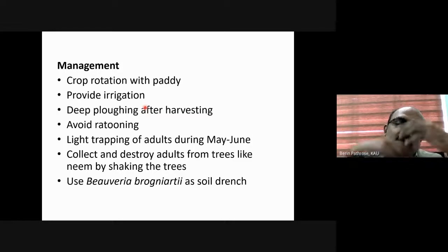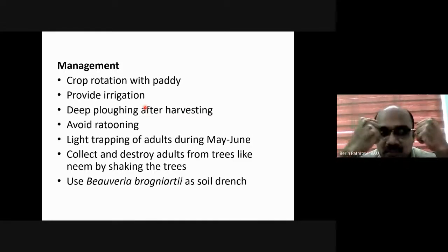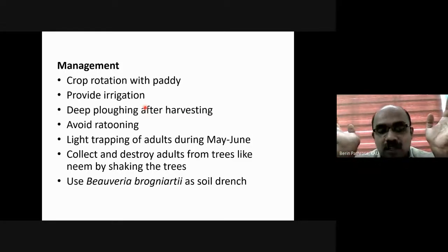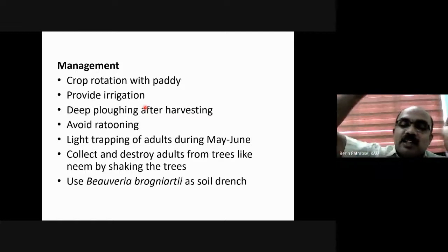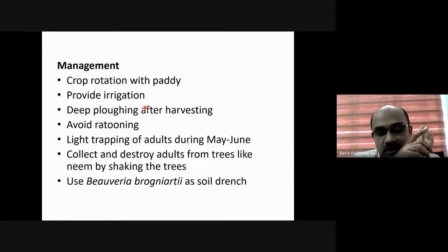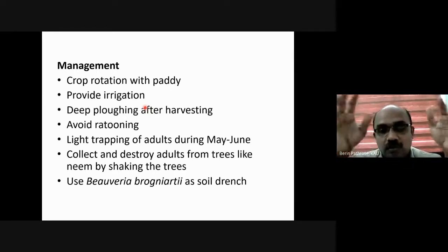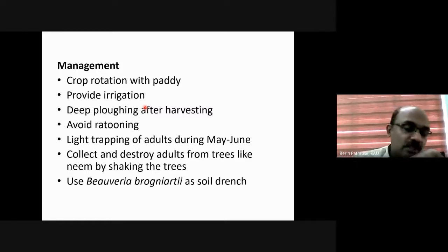After 2 to 3 weeks, whatever pesticide we apply, its toxicity will decrease over time. After 2 to 3 weeks, it comes up again and starts feeding on the root. So it's very difficult. In the same way, Beauveria brongniartii also escapes the infestation if the grub goes deep into the soil. So in the laboratory it is effective, but at field level, it's not that effective.